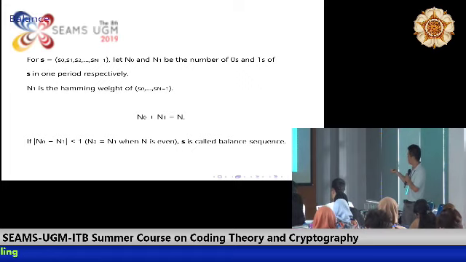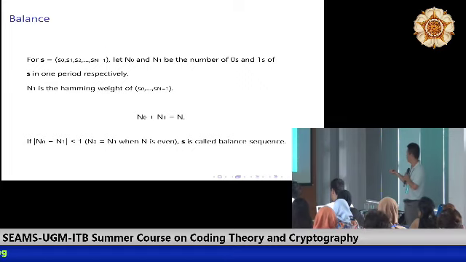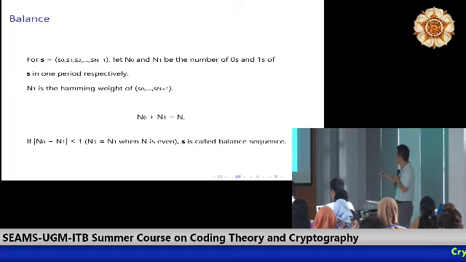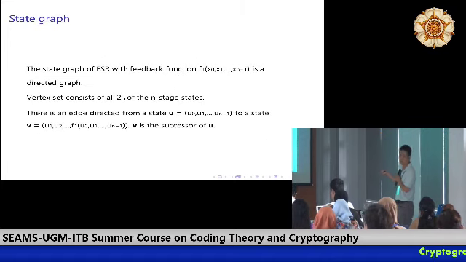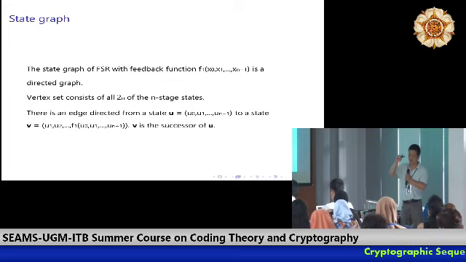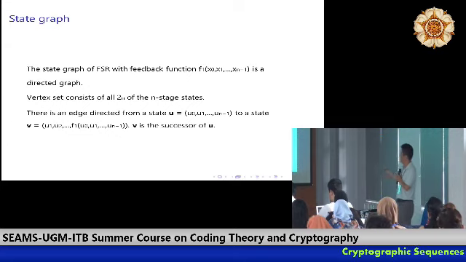There is an edge from U to V if and only if the first n-1 bits of V equal the last n-1 bits of U, i.e., V is the successor of U. If V is the successor of U, then there is an edge from U to V. The state graph, for example, looks like this one.